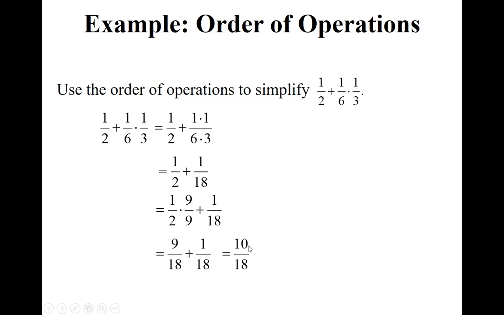We can write that as 2 times 5 over 2 times 9, which gives us 5/9. Or divide the top by 2, divide the bottom by 2. But just because we have fractions doesn't mean we handle this any differently. We do multiplication first, then addition.